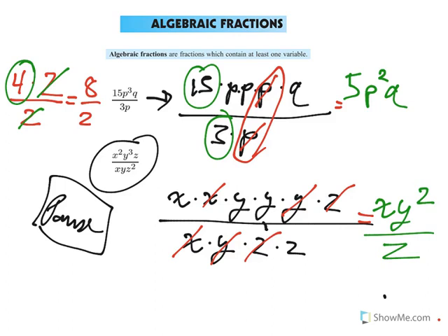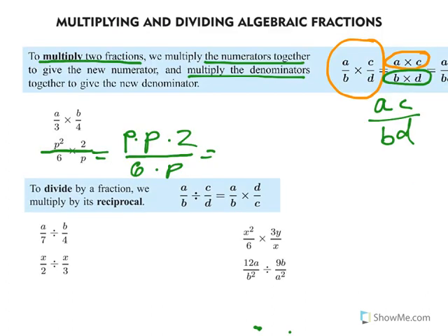You cross out the variables if they're the same variable on the top and the bottom of the fraction. We have a P here and we have a P here. That leaves us with 2P over 6. And now we can simplify the 2 and the 6, and we can get 1P over 3. The 2 and the 6 can be simplified.